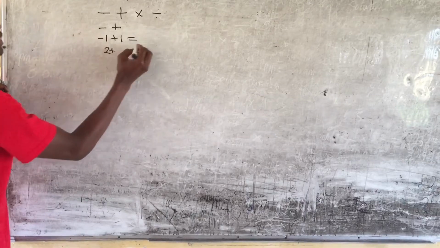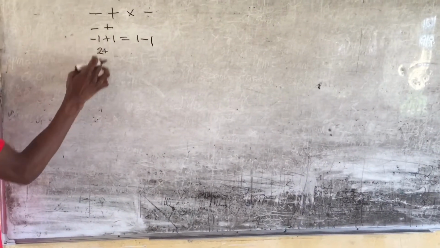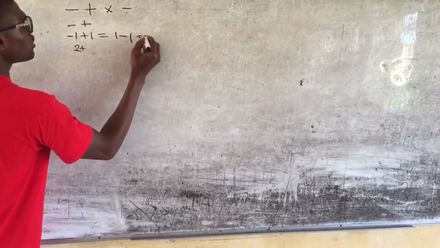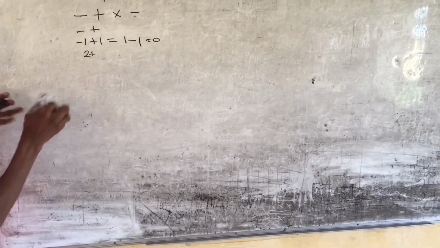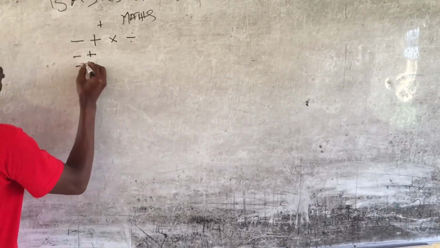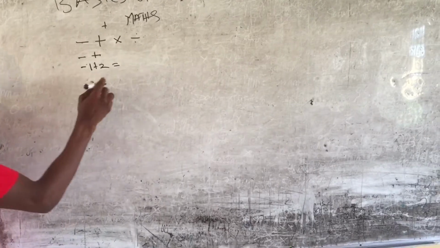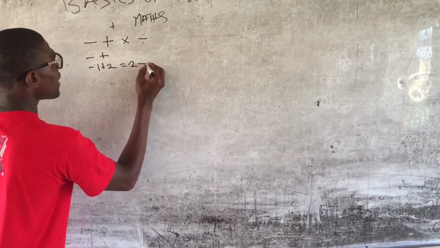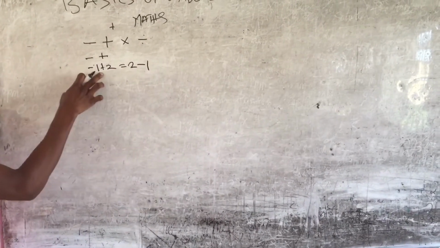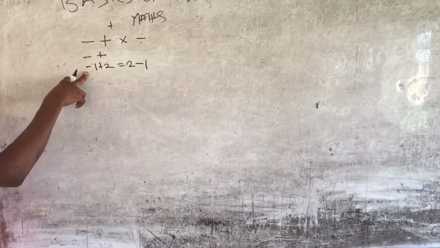It's also written as 1 minus 1, because the plus is invisible, so the result will be 0. Another example, I have minus 1, I have plus 2. This is also written as 2 minus 1, because the plus is invisible. Then the minus sign will always be visible.